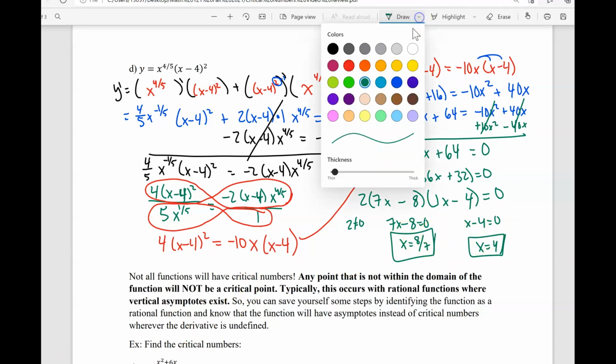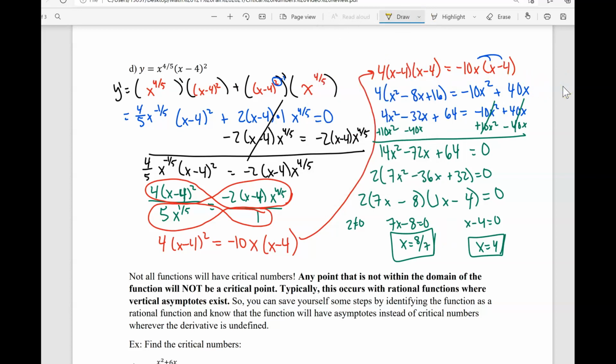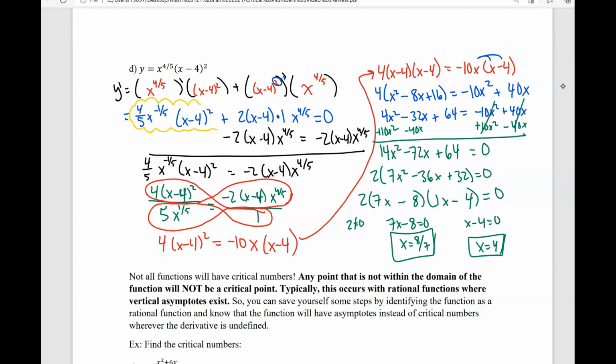Now what we got to look at is where the derivative is undefined. So if you take a look at the derivative itself, which is this blue part, let me go ahead and get rid of this guy. If you look at this blue part, is this derivative undefined anywhere? And the answer is yes, it is. You can even look at it here if you just go in this direction also. You can see that the derivative is undefined in this direction in x to the 1/5.